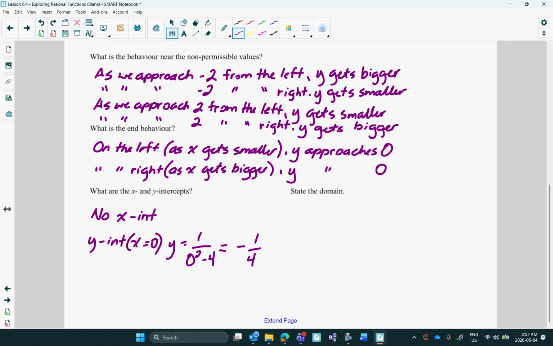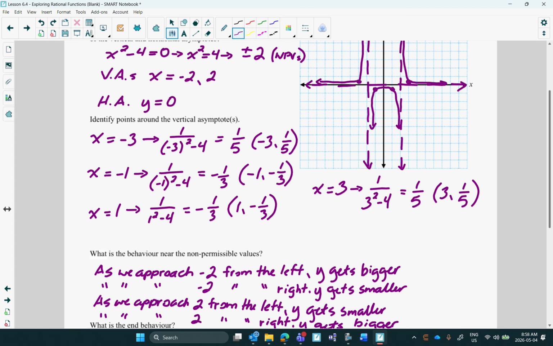What'd you put for the domain? It can be everything except what? You're thinking range. What's the point to the furthest left?